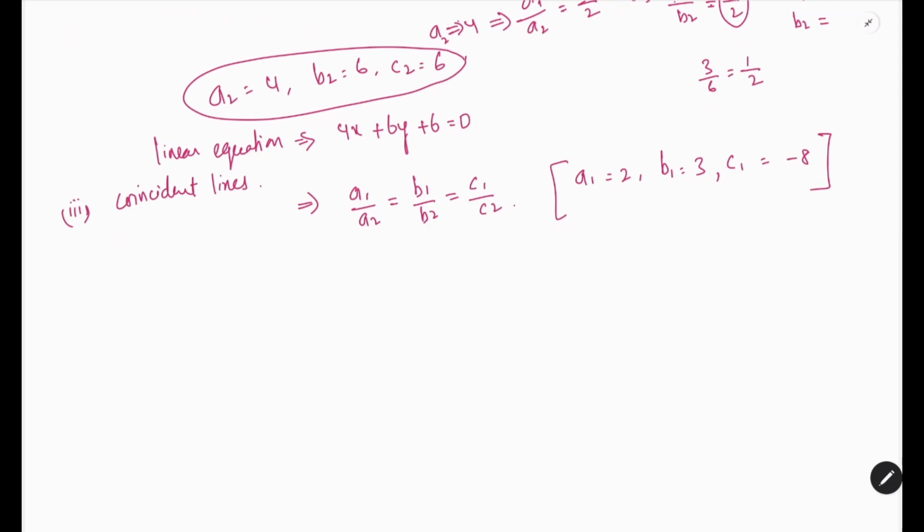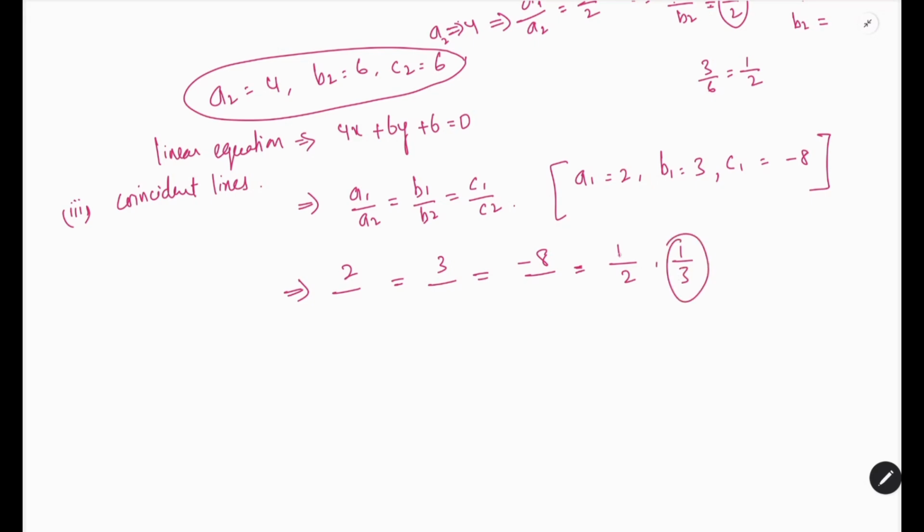Here a1 is 2, b1 is 3, c1 is -8. Take some values so that the ratios can be the same, like 1/2 or 1/3. Let us take the 1/2 ratio.